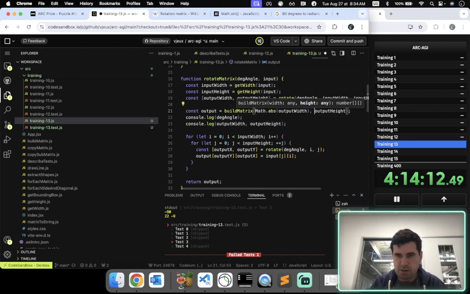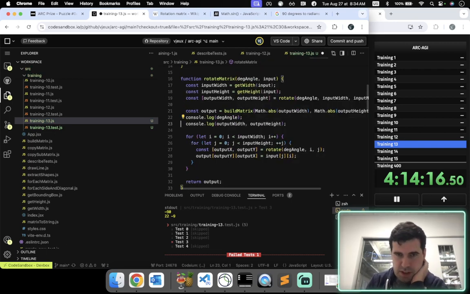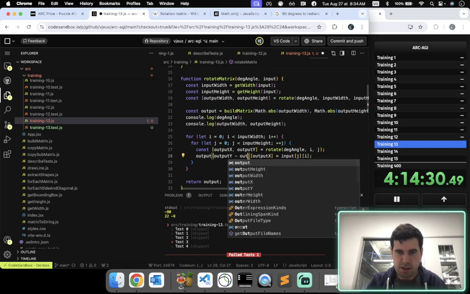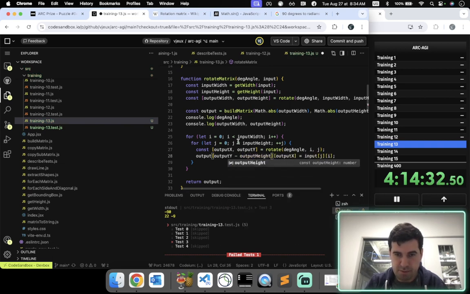So if we do this, we should actually have the right size. And so now minus this, output height, output width.